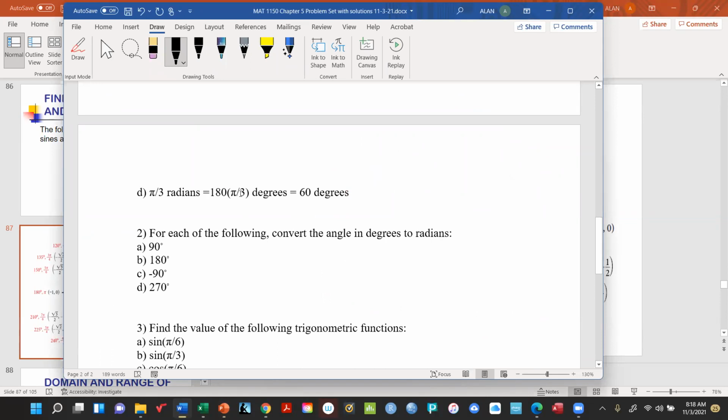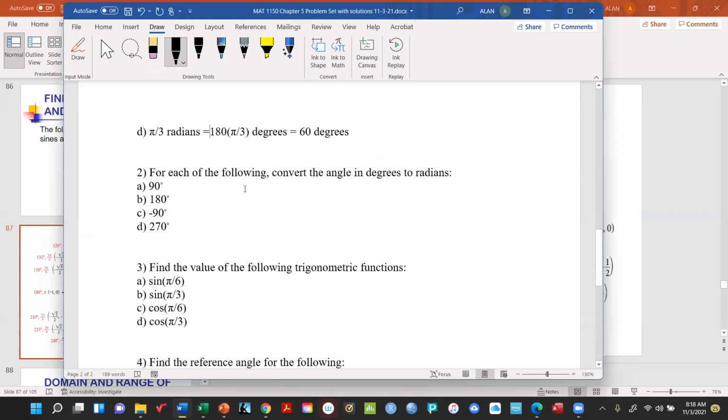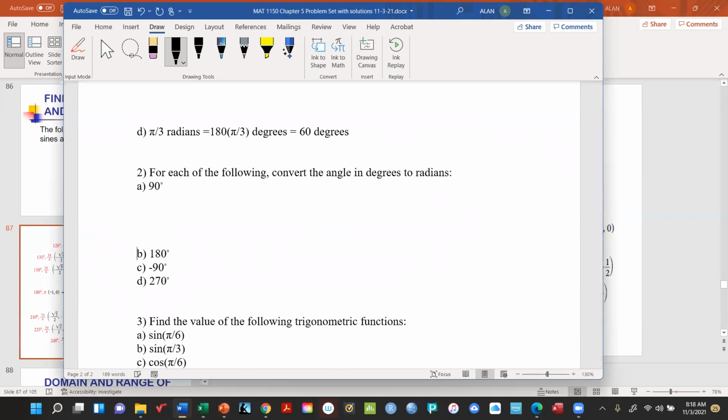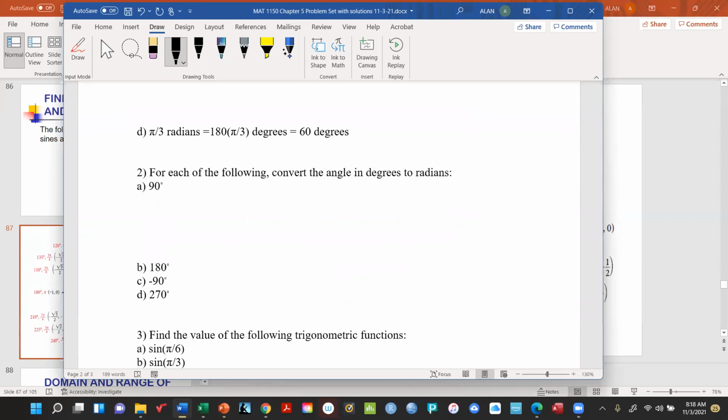Okay. So anyway, for each of the following, convert the angle to, okay, well, now we're going the other way around. We're going to radians. So here's what you need to do. Take the 90 and in these cases, divide by 180.